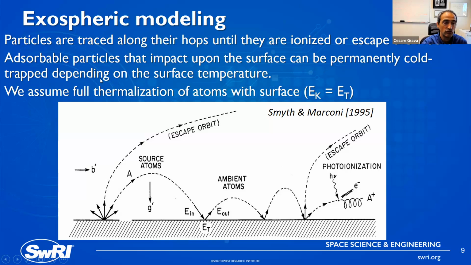And we assume full thermalization of atoms to the surface. So when a particle hits the surface, it is released with an energy which depends on the temperature of the cell. And this is why the colder spots have lower hops.